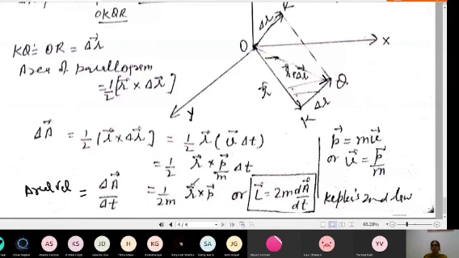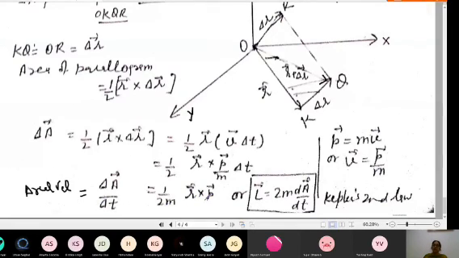Kepler's second law says that the areal velocity is constant. Because angular momentum is conserved, the areal velocity is constant. So this gives me the proof for Kepler's second law.